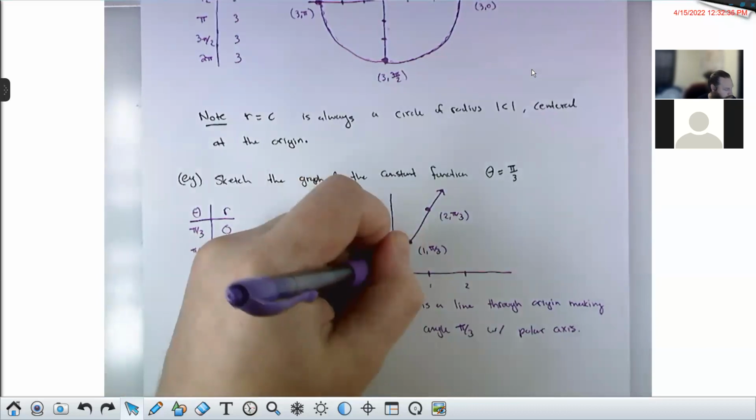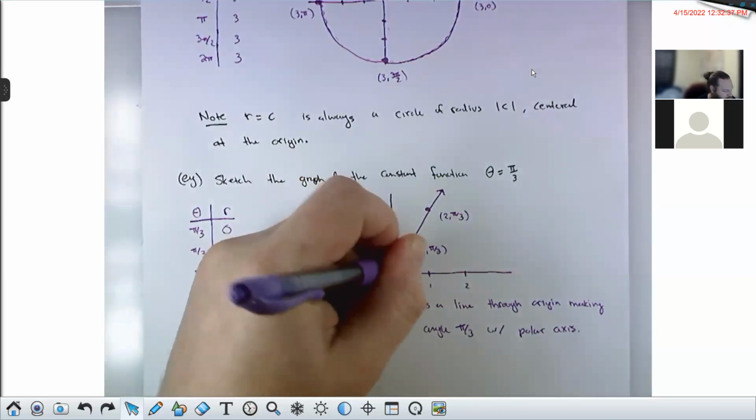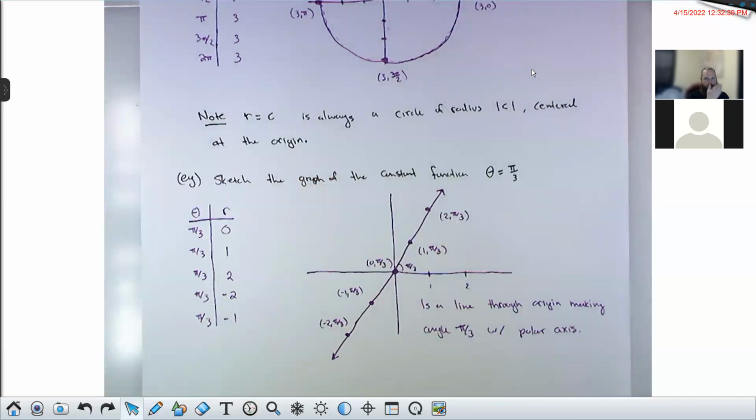And that angle here is always pi over 3.